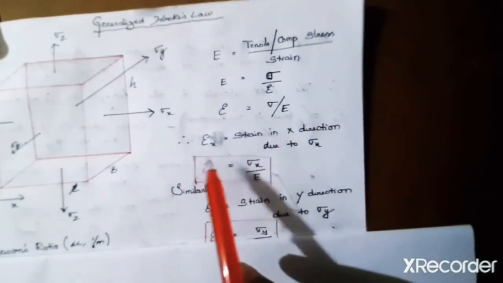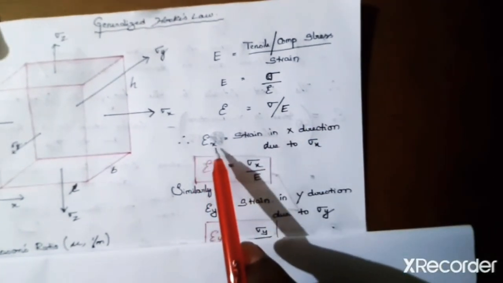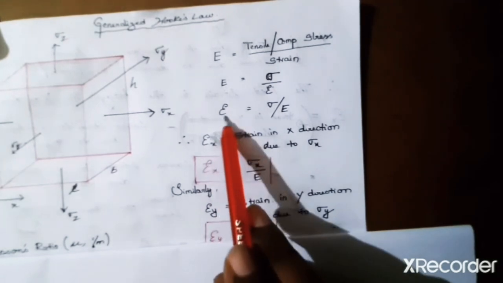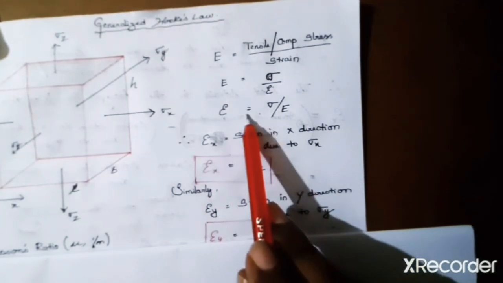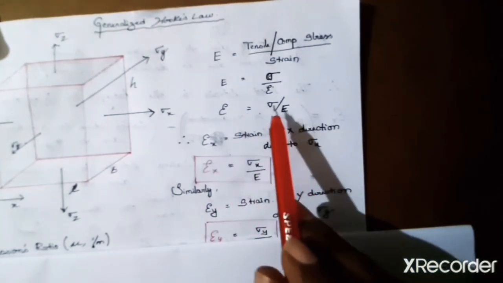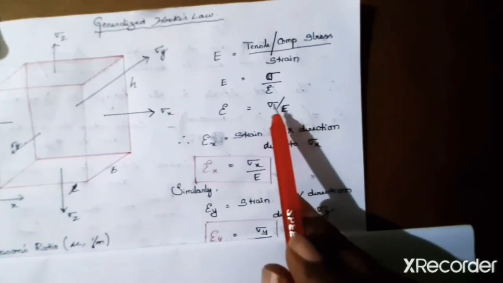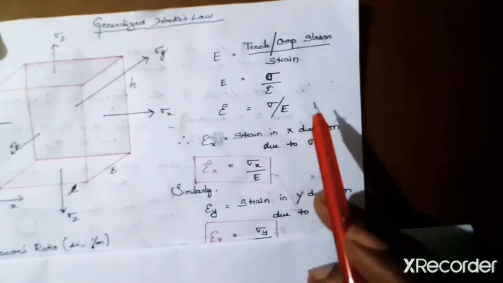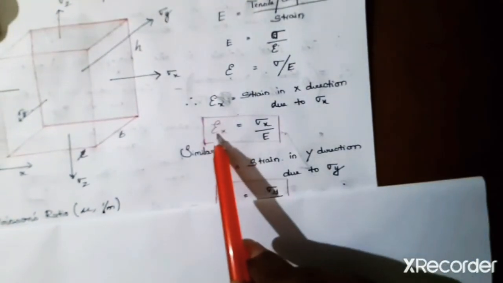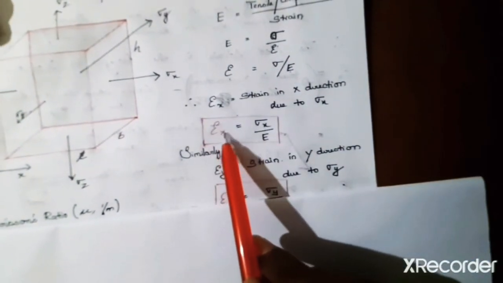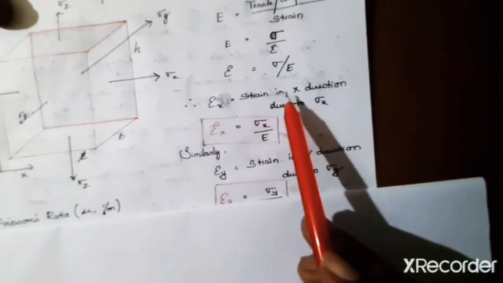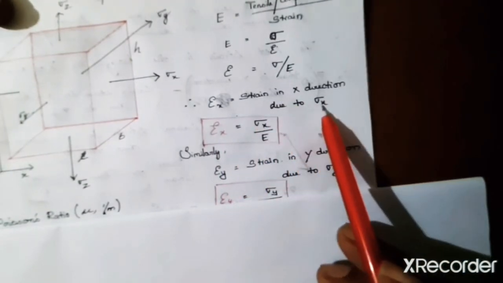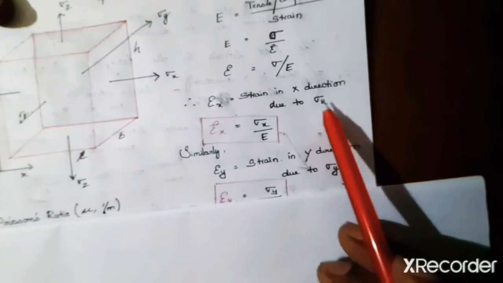So therefore, epsilon x, I mean the strain in x direction, is equal to the stress in x direction divided by E. So that is what I wrote here. This is nothing but the strain in x direction due to sigma x.